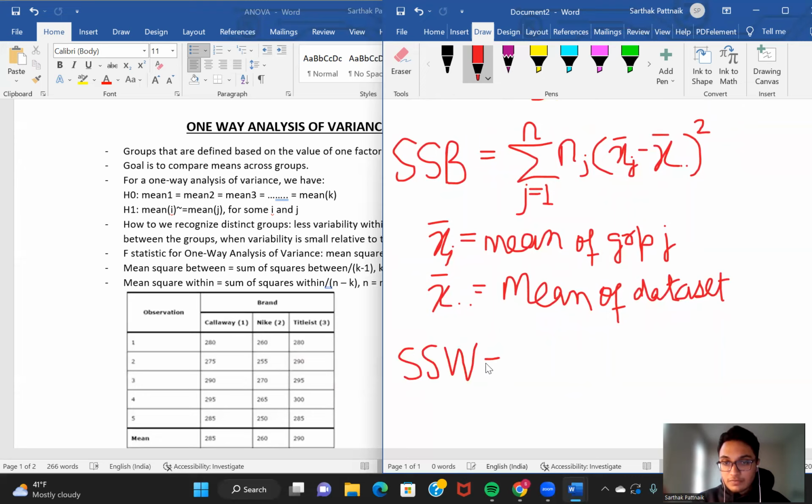To calculate sum of squares within, you have to basically take double summation.